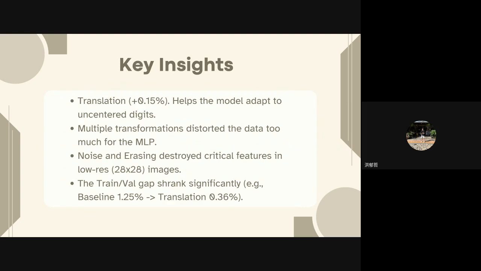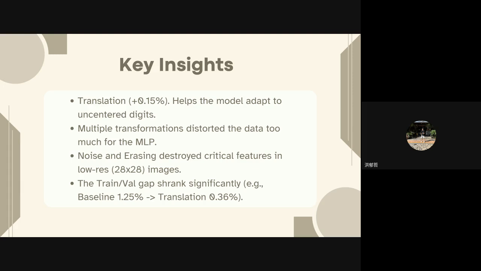And third, destructive methods like noise and erasing hurt the performance in low resolution 28 by 28 images. These methods simply destroy the critical features of the numbers. And most importantly, data augmentation successfully reduced overfitting.